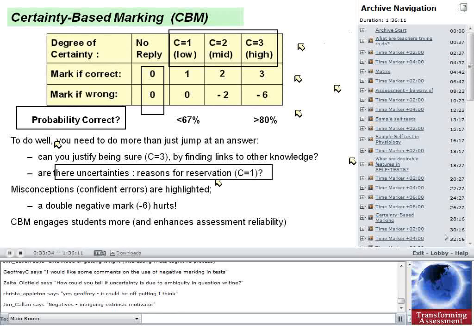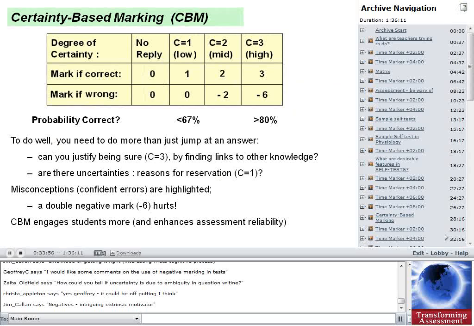I was just wondering about your thoughts on the use of negative marks and how students relate to that. Because of the comment you're making about how many people pick C1, C2, C3, you would have seen large numbers of data sets from these. When I look at this, and this is what I've reflected on before, if I were a student, I would be thinking about how I am going to maximize my marks, or how I am going to minimize the negative marks that I might get.